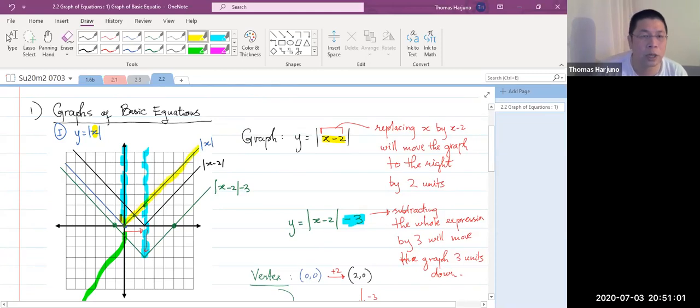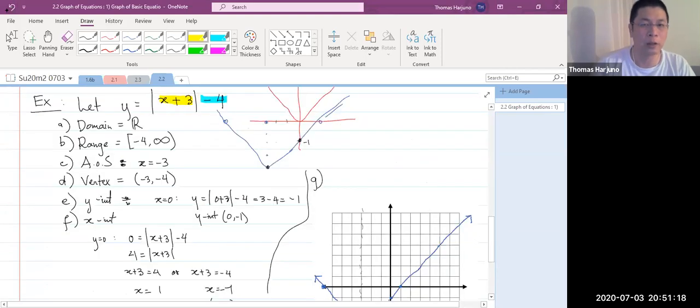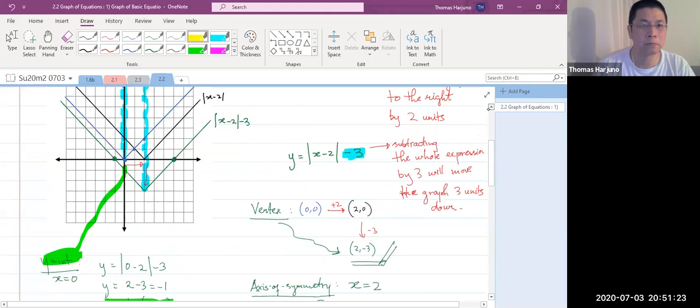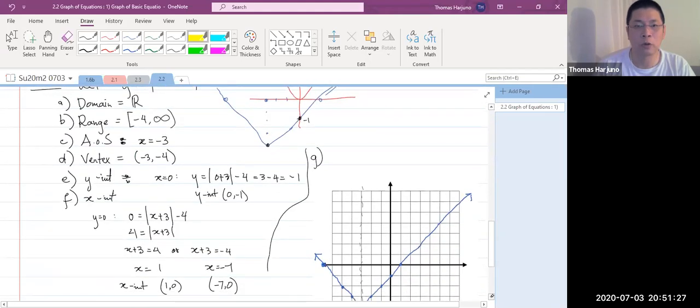Then 1 unit to the right, you go up 1; 2 units to the right, you go up 2; 1 unit to the left, go up 1; 2 units to the left, go up 2. With all the domain, range, axis of symmetry, vertex. Now, x-intercept and y-intercept are things you can do by computing.